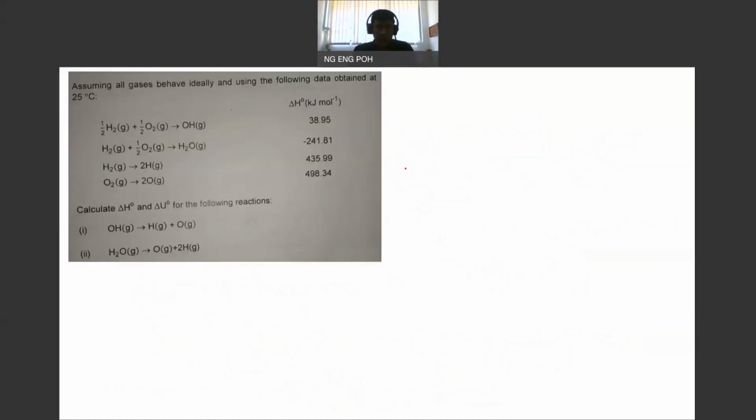Okay, now we will see this example. Assume all gases behave ideally, using the following data obtained at 25 degrees Celsius. You have 4 equations here with delta H standard in kilojoule per mole. You calculate delta H and delta U under standard conditions for the following reactions, 1 and 2.